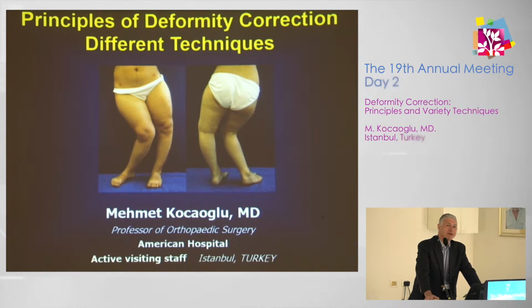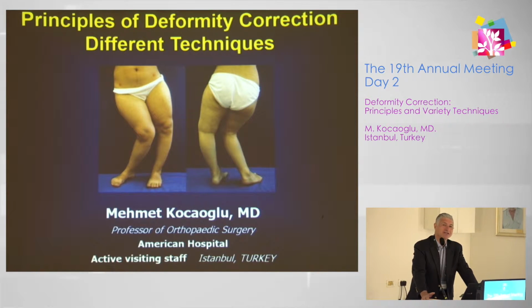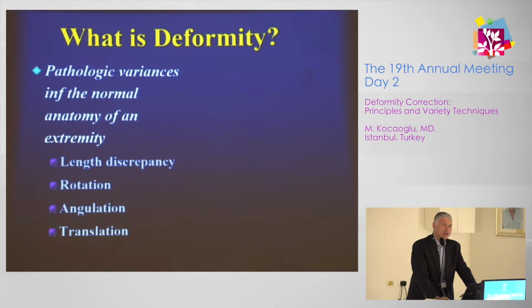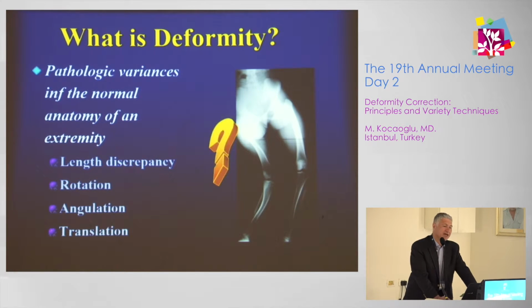I know most of the people in this room are very familiar with the treatment of the different kinds of deformities. This talk will be only a summary of the different techniques and correction methods and perhaps the preoperative planning. So before I start this presentation, I want to define what a deformity is.